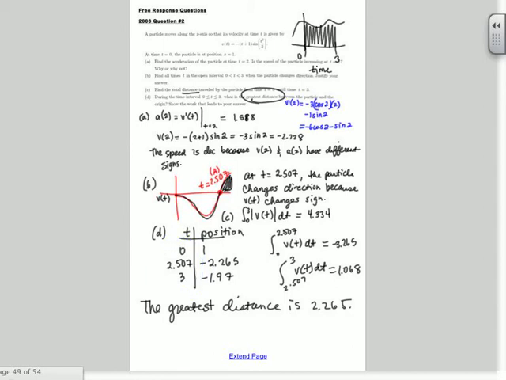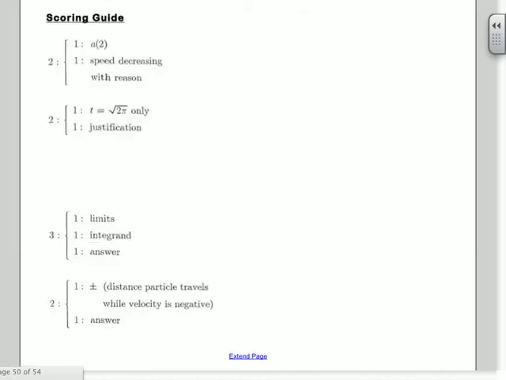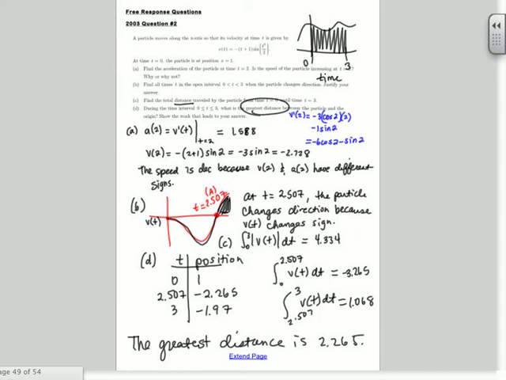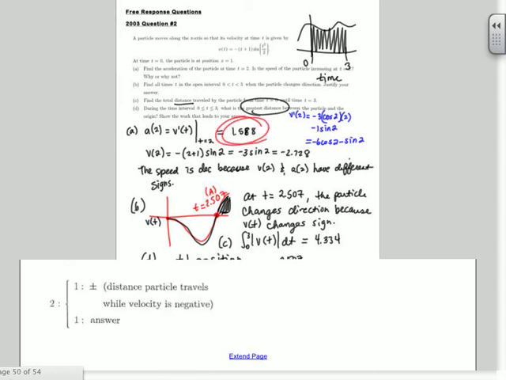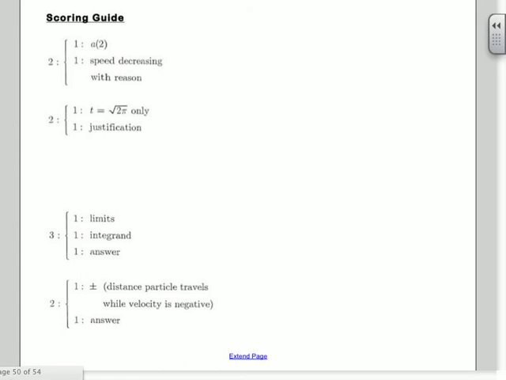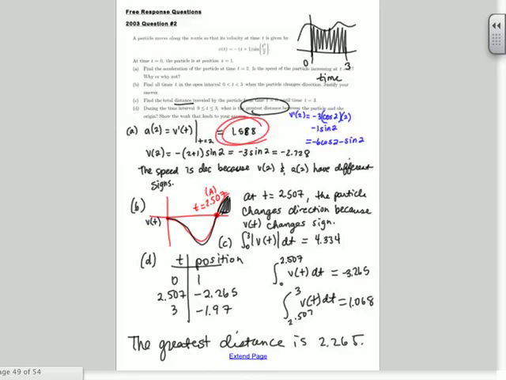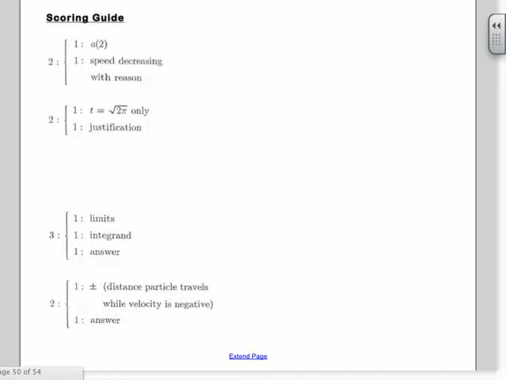Okay, so scoring. For part A, you got 1 point for having a of 2 correct. You got 1 point for knowing that the speed was decreasing and having the reason for it. You got 1 point for t equals the square root of 2 pi. So let's see what the square root of 2 pi is.